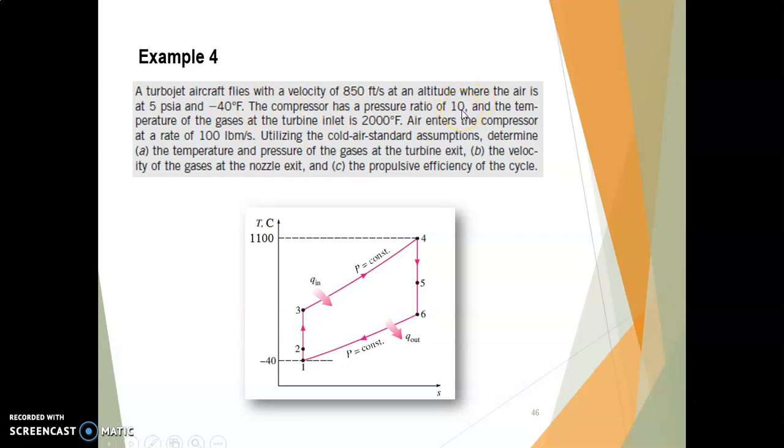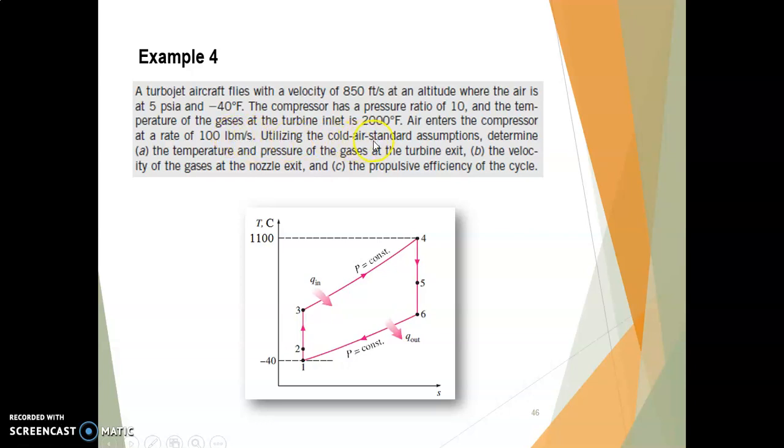As we mentioned earlier, the pressure ratio is very important to solve the question by finding the missing pressure or the missing temperature. And the temperature of the gas at the turbine is equal to 2000 Fahrenheit. So this one is for the inlet. And air enters the compressor at a rate equal to 100 meter cube per kilogram per second.